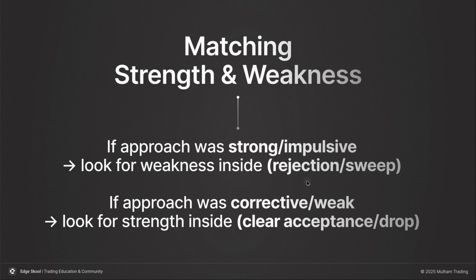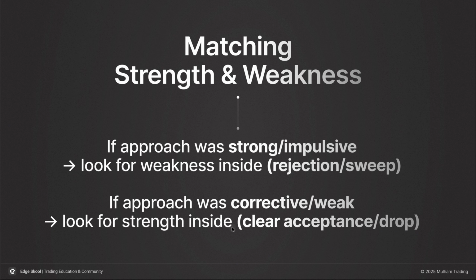If the approach was corrective or weak, and a lot of times, regarding the levels or the approaches that I said I don't want to see, when price is moving very slowly into your key level, in that case, even if you wanted to enter based on this, what you want to look for is strength inside. So we want to see acceptance and then a drop out of the key level.